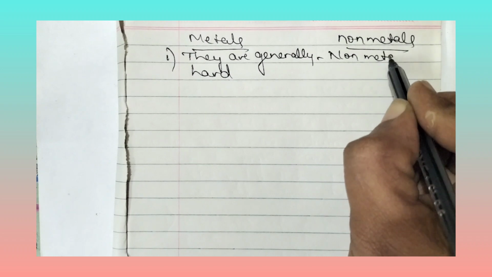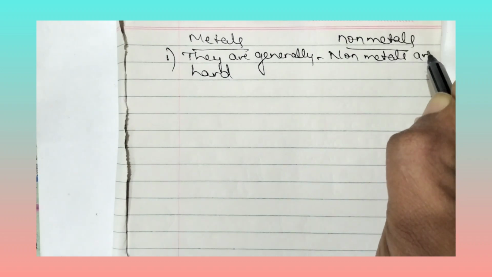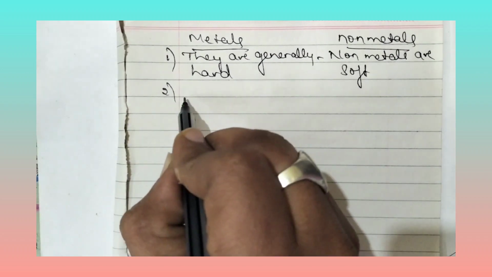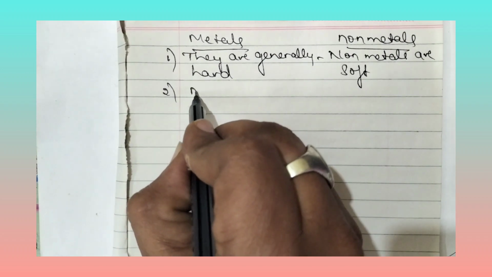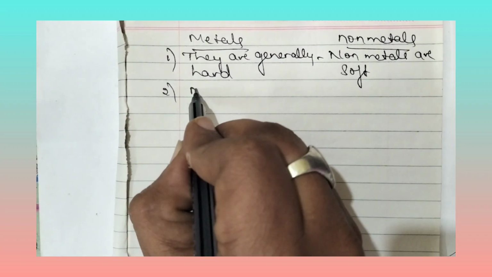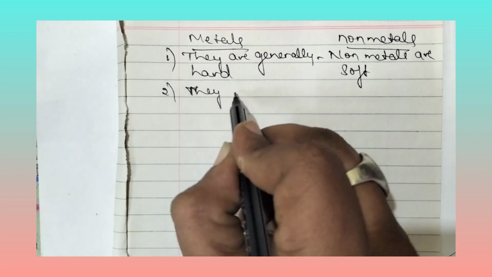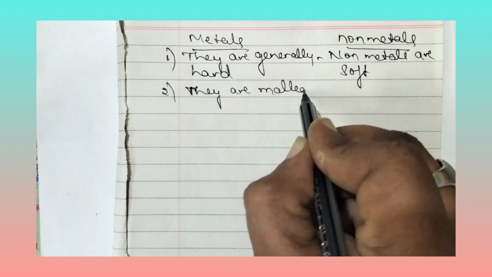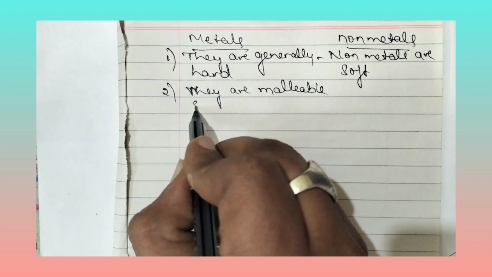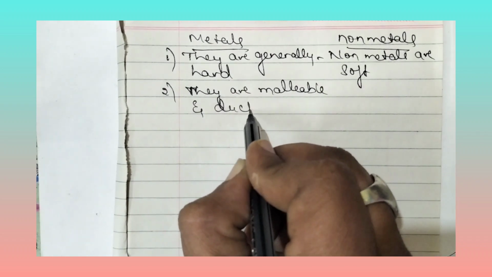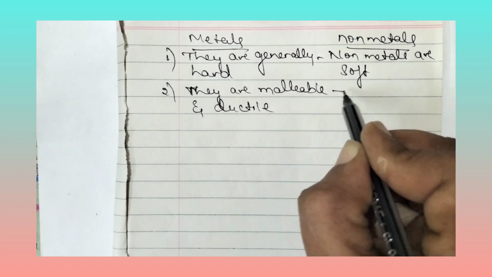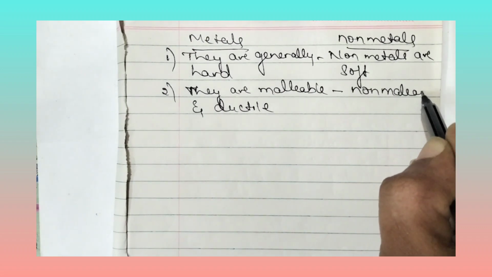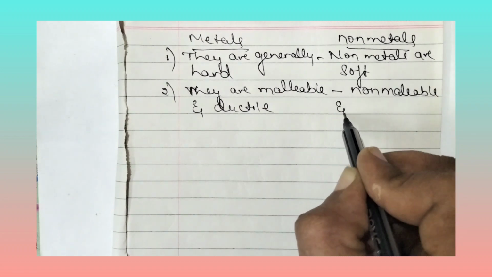Non-metals are soft. Second one, metals are malleable and ductile. Non-metals are non-malleable and non-ductile.